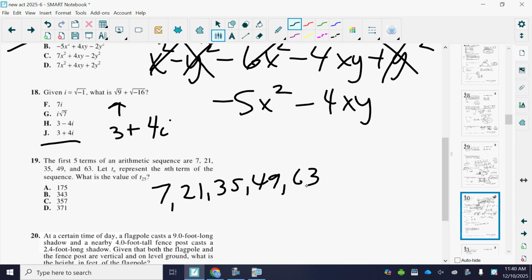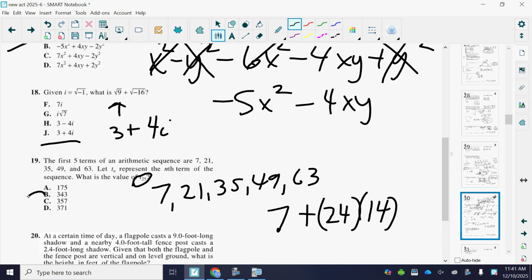So when I get to the 25th term, it'll be 7 plus, how many times did I add 14? 24 times. So the answer is 7 plus 24 times 14, which is 343.